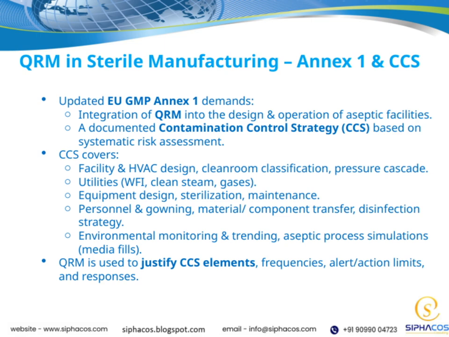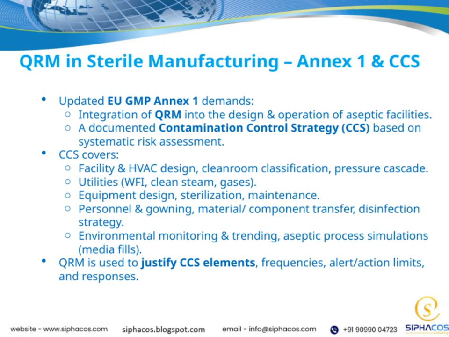The CCS covers several critical areas. First, it includes the facility and HVAC design, ensuring that cleanroom classifications and pressure cascades are appropriate to minimize contamination. It also encompasses utilities like WFI, clean steam, and gases, which must be managed carefully to prevent contamination. Equipment design, sterilization procedures, and maintenance schedules are also part of the CCS.